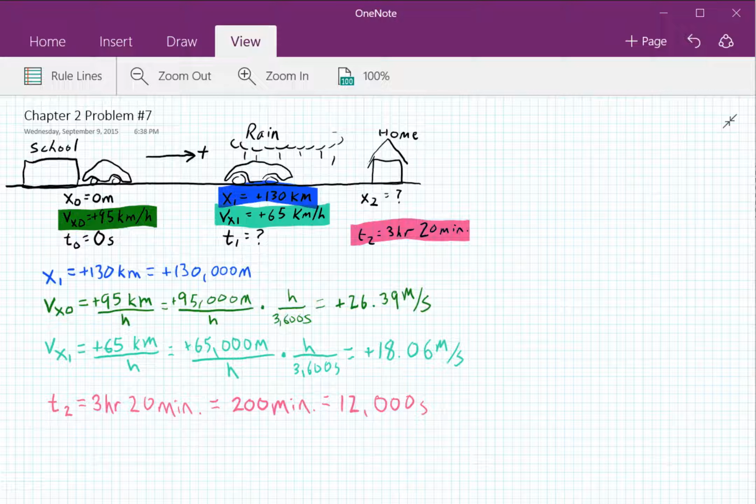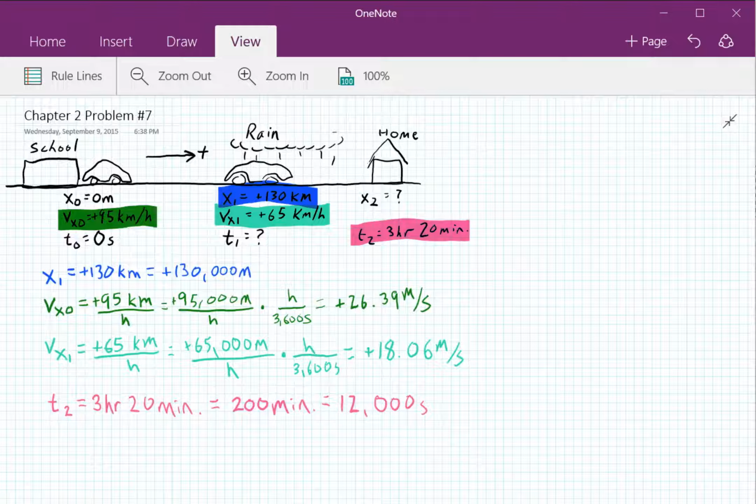We know they were driving for that first 130 kilometers at 95 kilometers per hour, but we don't know how long the person had to drive at the 65 kilometers per hour, and that changes how far the home is.